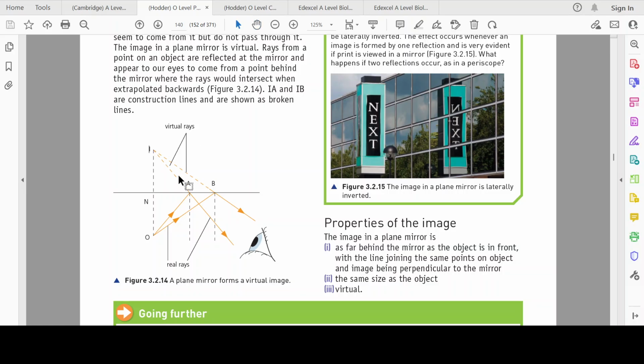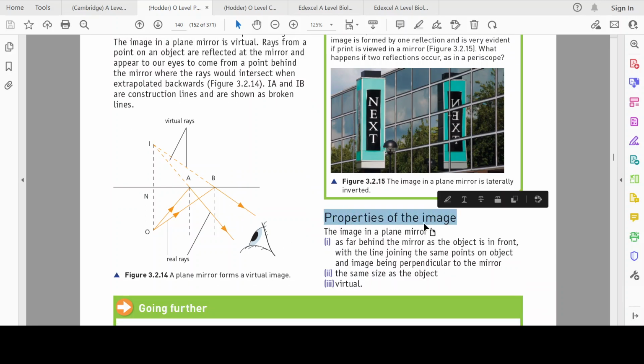And so it seems to be inside the mirror when that's not actually what's happening. Okay, so they're labeled real rays and virtual rays, and so this is the object and this is the image, and it's a virtual image unlike an actual one, right?